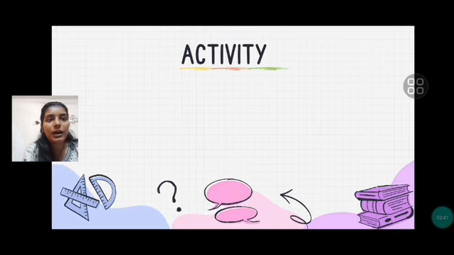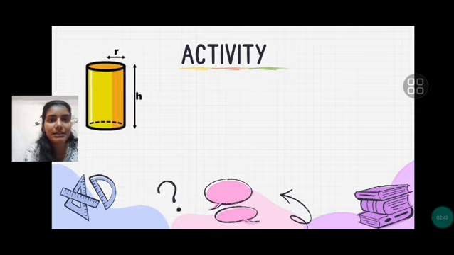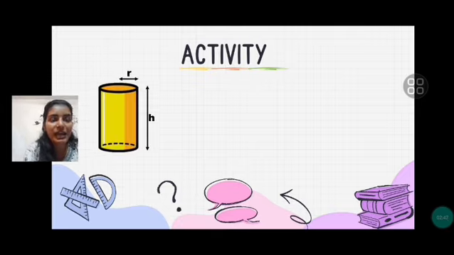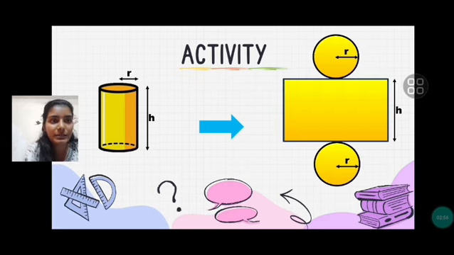For that, now I will explain an activity in which we have a cylinder of height h and radius of the base r. I am cutting the cylinder open along its height. So I will get the net of this 3D shape, which is a rectangle in the middle and two circles on the top and bottom. The height of the cylinder becomes the width of the rectangle and we have two circles with radius r.